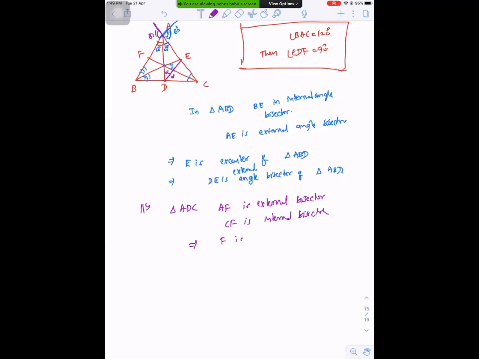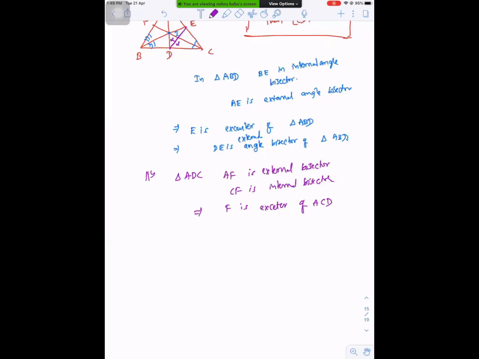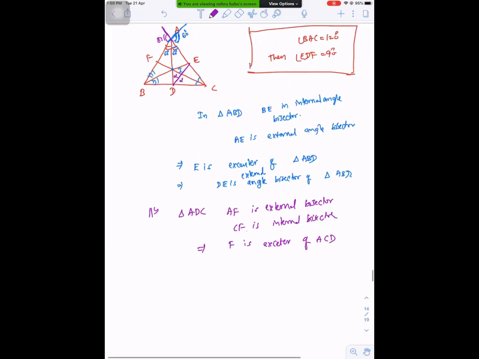That implies F is the excenter of triangle ACD. The reason F is an excenter is that this line is the internal bisector and this line is the external bisector, so both intersect at F. That implies DF is the external angle bisector of triangle ACD.